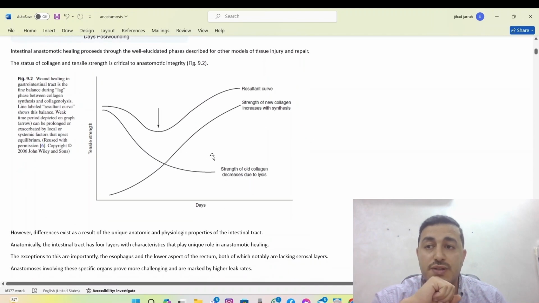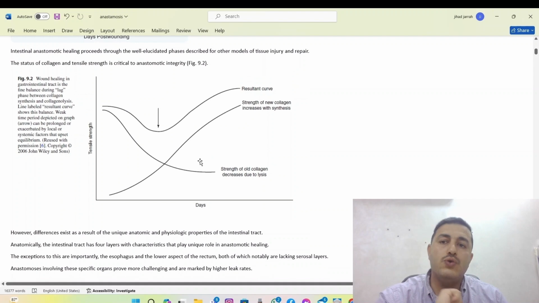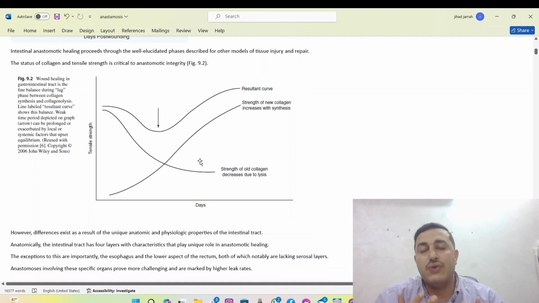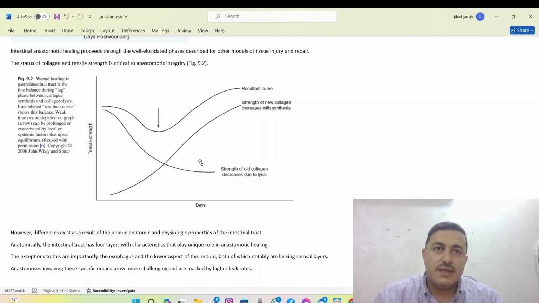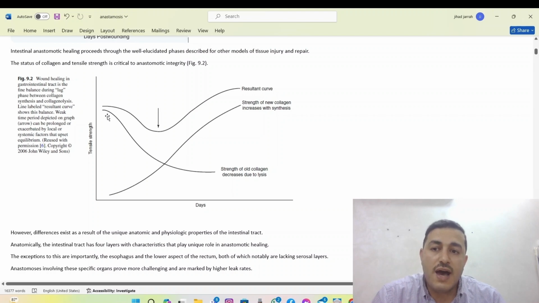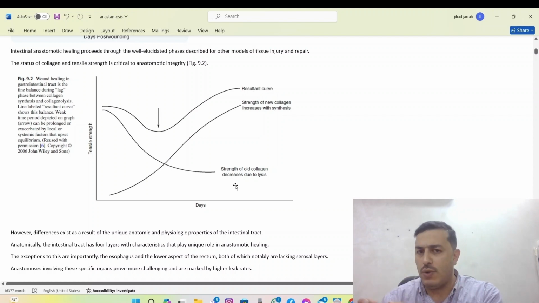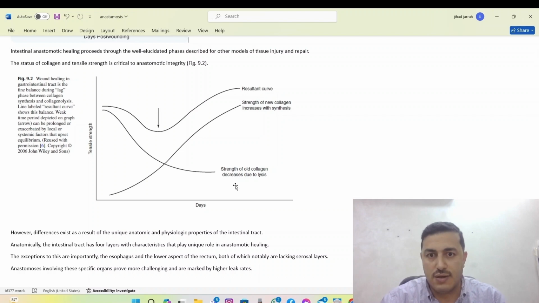You can see in this picture, this is an important picture, what we call the tensile strength. The tensile strength is the ultimate, the final strength that the bowel reaches. And you can see here that we have old collagen that is destroyed due to collagenolysis, which is specific for the bowel. And we have new collagen synthesized from fibroblasts, as we will see.